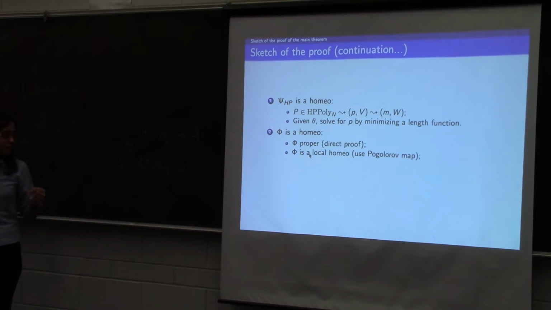Then we prove that this map is a local homeomorphism, and that's a nice argument using Pogorelov maps. Pogorelov maps are a tool that differential geometers like a lot, and it lets you translate infinitesimal properties from one space to infinitesimal properties of the other space. And so, since we know local rigidity of Euclidean polyhedra, we can get local rigidity of our polyhedra.